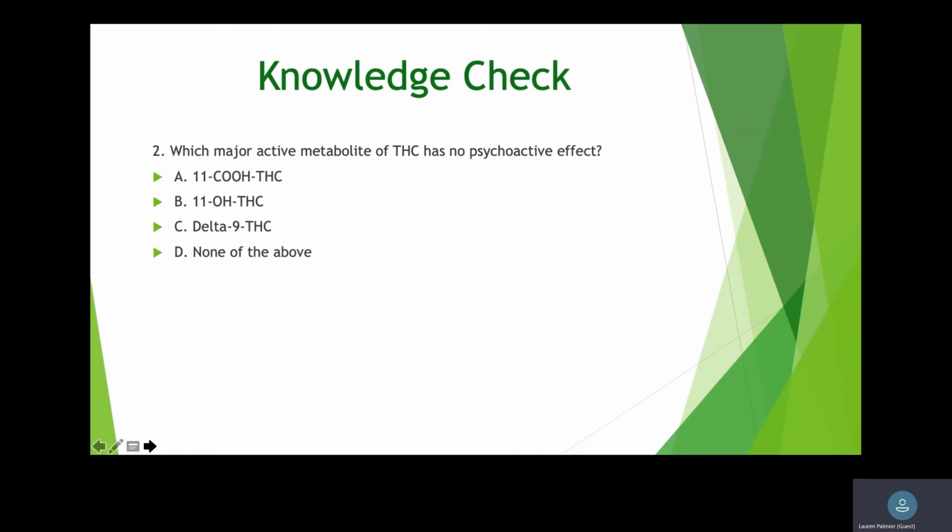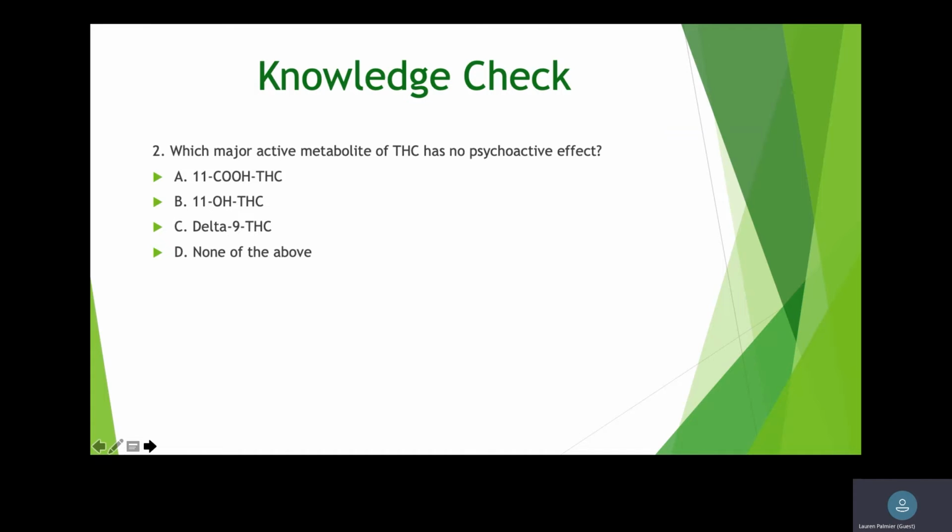Okay, time for another knowledge check. Which major active metabolite of THC has no psychoactive effect? Okay, if you answered A, you would be correct. So 11-carboxy-THC is one of the three major active metabolites that has no psychoactive effect.